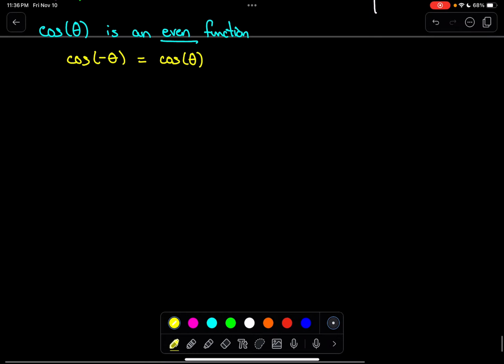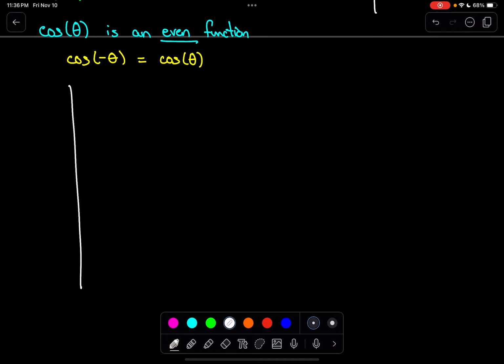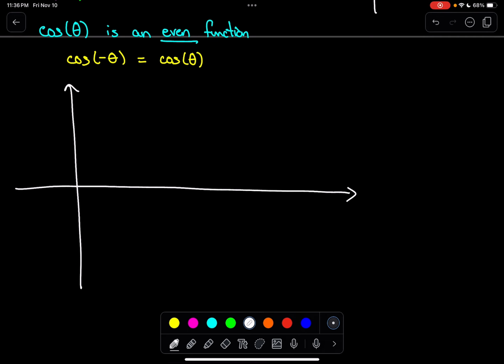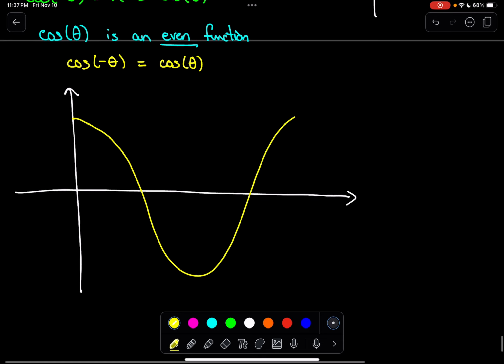Now, one more thing we can talk about as a little bonus that I didn't think I was going to cover, but I'll do it just now: since cosine is an even function, there should be that nice symmetry that we talked about over the y-axis. Hopefully we know by now that the cosine graph would continue on this side and so on and so forth.